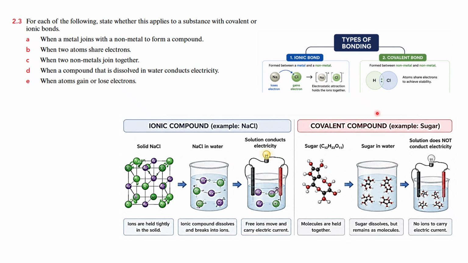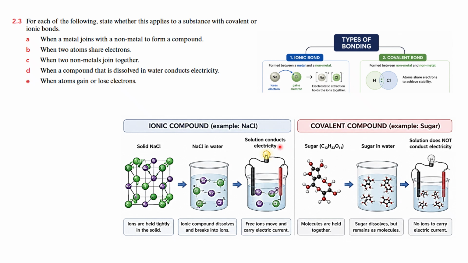Now if we look at this mixture, what will happen when we add sugar into water? The sugar will completely dissolve in water, but there is no formation of charges because the atoms in sugar are connected to each other via covalent bonding. There is no formation of ionic bond. So when we connect it through the external circuit, we can see that it is not conducting electricity.